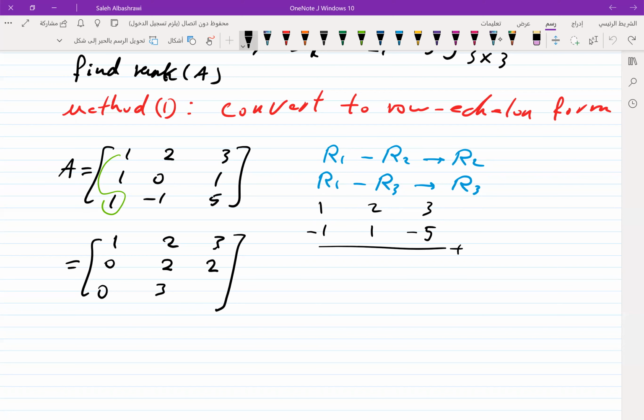The meaning of R1 minus R3 is: change the sign of the third row and add. So 2 plus 1 is equal to 3, and 3 minus 5 equals minus 2. So we are done with the first column: 1, 0, 0. Now forget about the first row. Let's deal with the second and the third rows. I will divide the second row by 2.